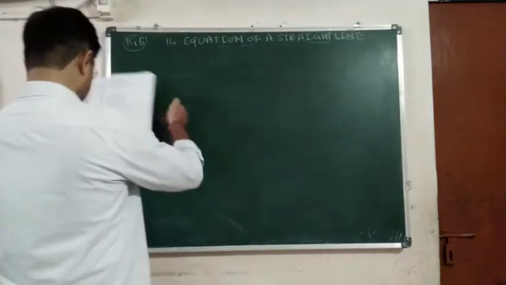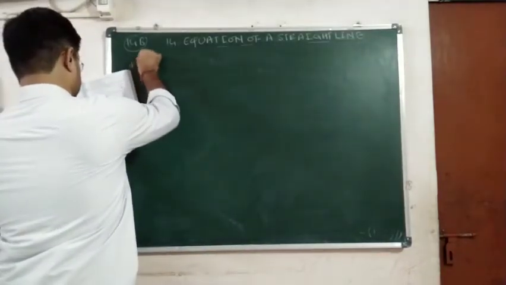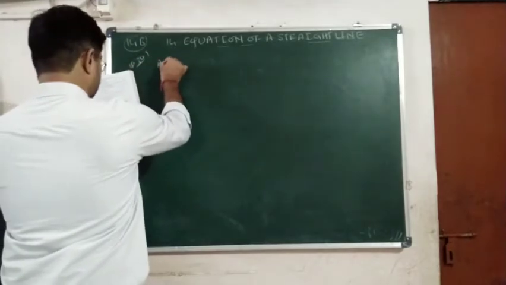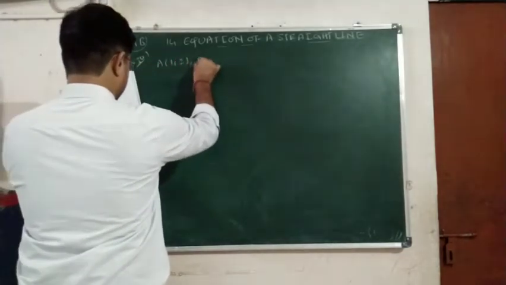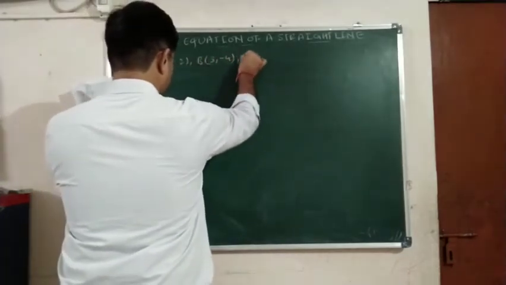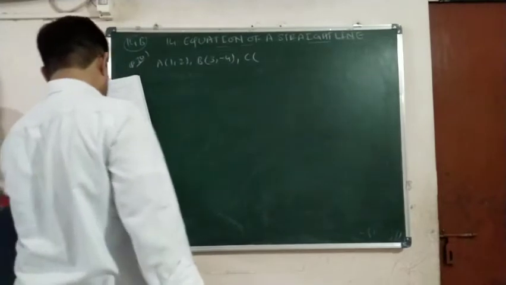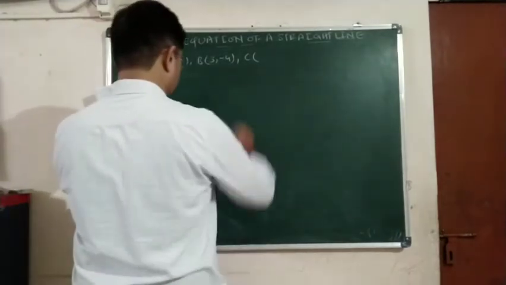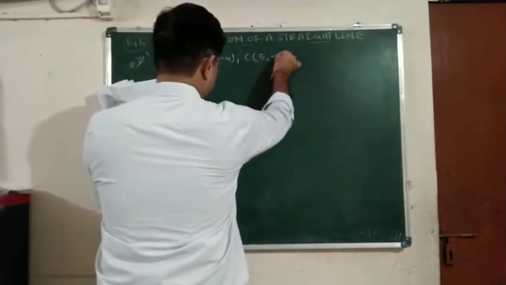Okay, question number 30. Again, the vertices of triangle are given, A, B and C. A has coordinates 1, 2, B has 3, -4, and C has 5, -6.